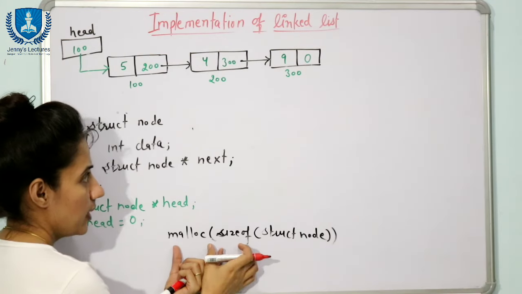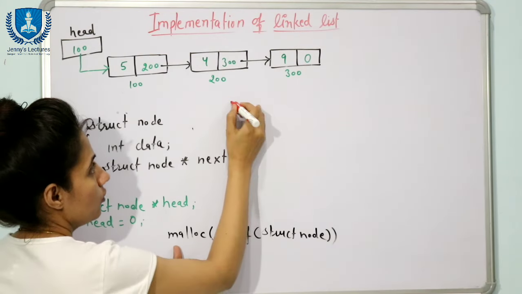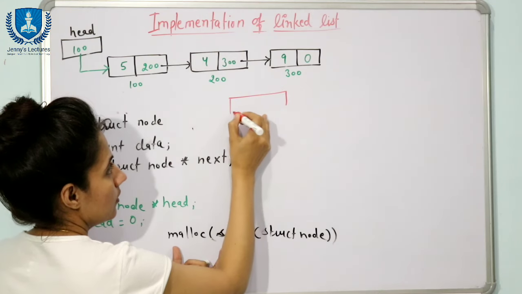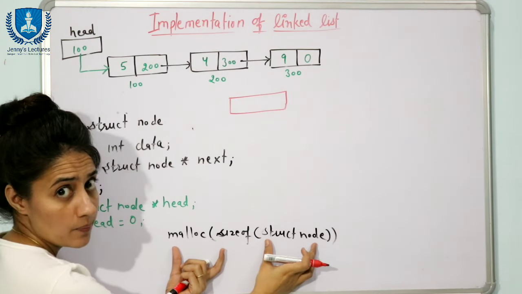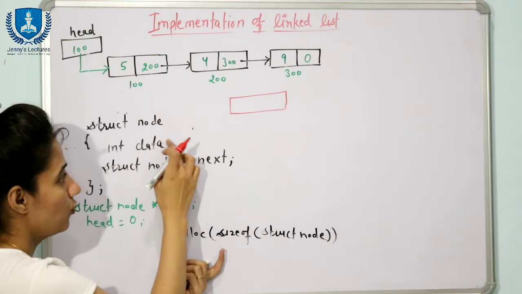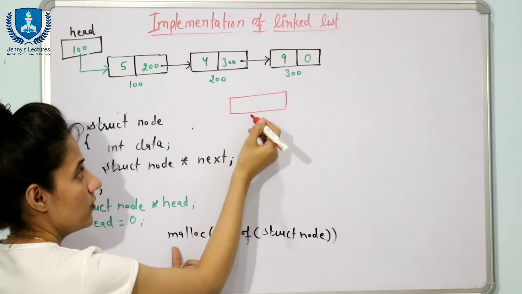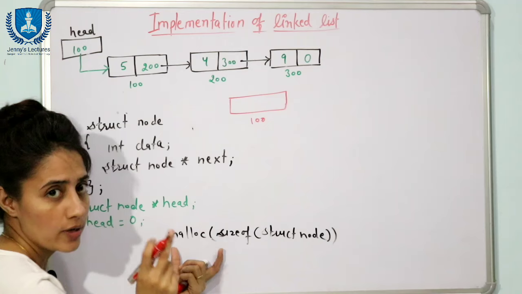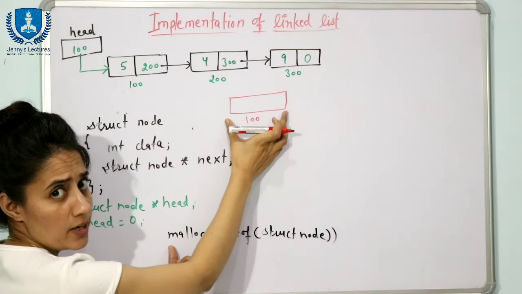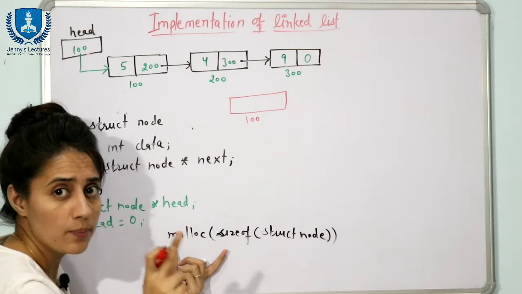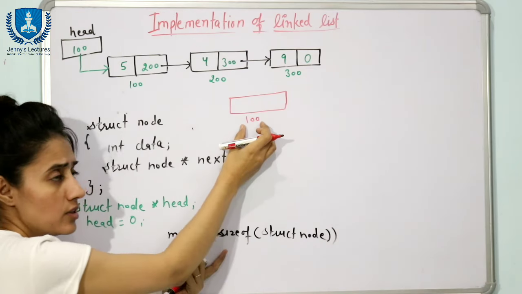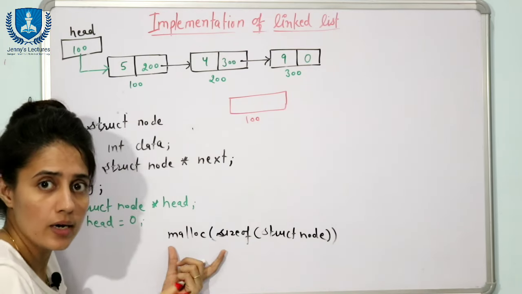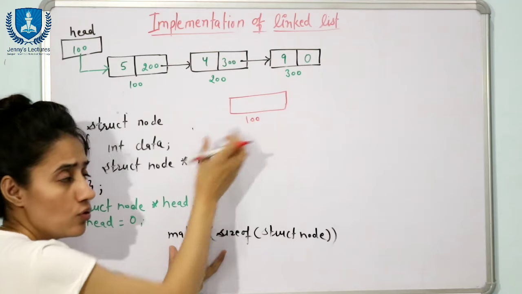It is going to create a node in memory, a block of 8 bytes, 4 for this and 4 for this. Suppose the address of this is 100. This complete block has 8 bytes and the address of the first byte is 100, so it is going to return 100, the starting address of this block.